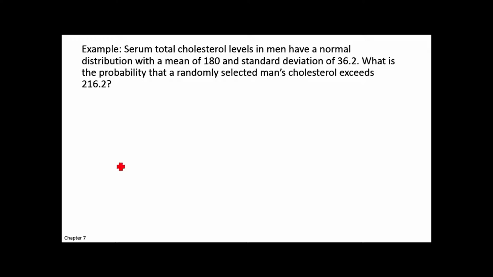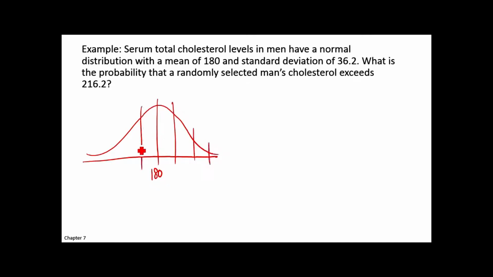If you remember how we did this, we drew out the distribution. So it's centered at 180. If you go up one standard deviation, what does that take you to? Well, it takes you to exactly 216.2, right? And I'm interested in the probability of being above that.